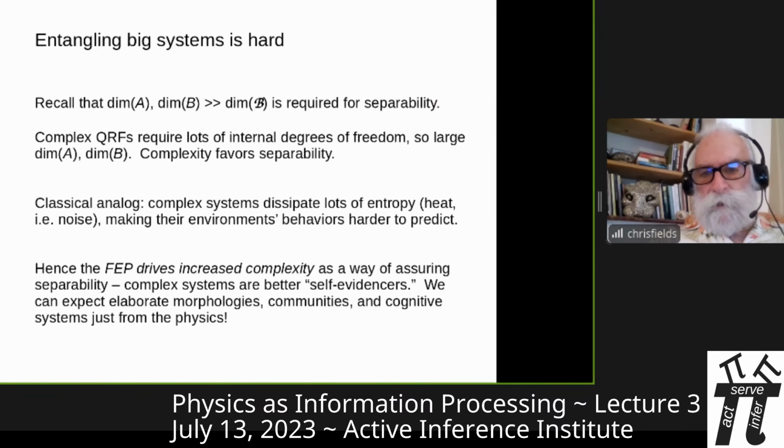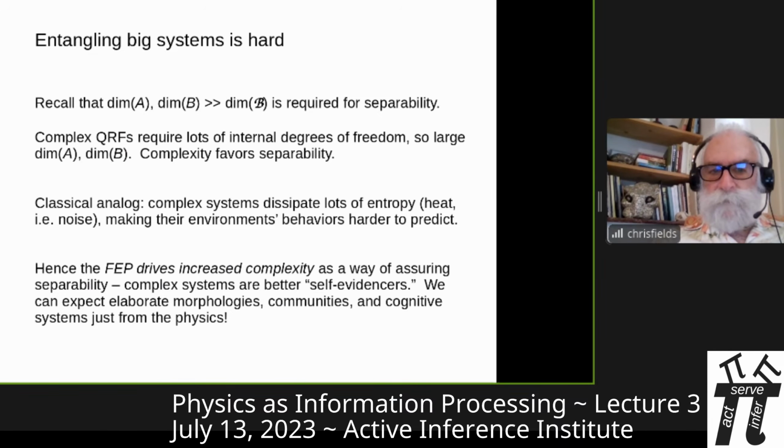So recall from last time that the condition for separability is that the two systems have dimensions that are much larger than the dimension of their boundary. And this is the condition that allows them to have internal states, states that aren't located on their boundaries. And clearly, to formulate the free energy principle, you have to have internal states.